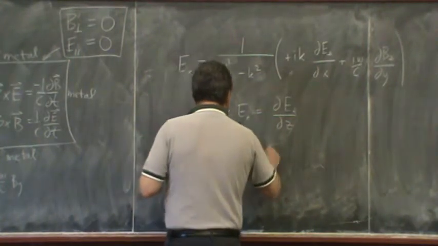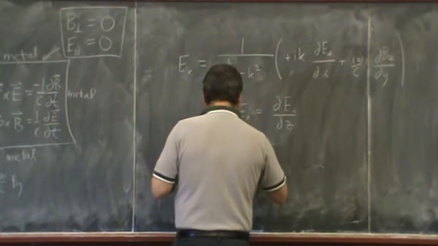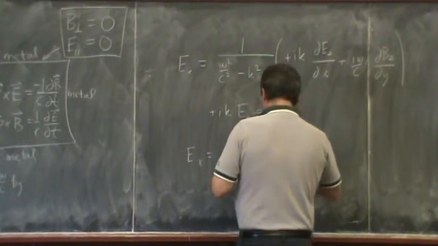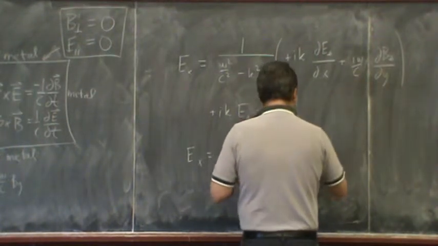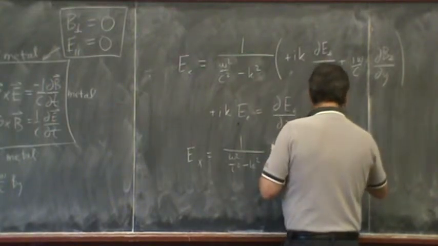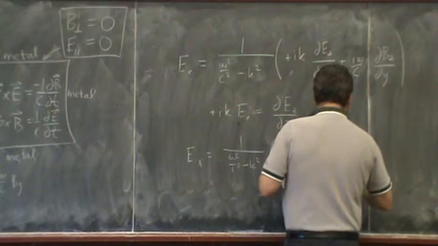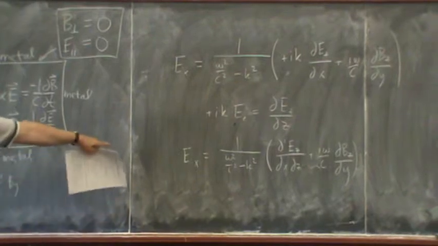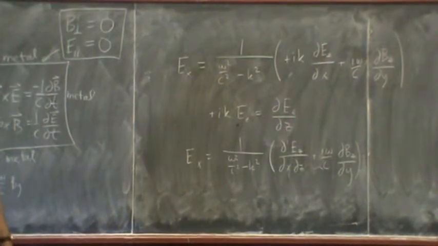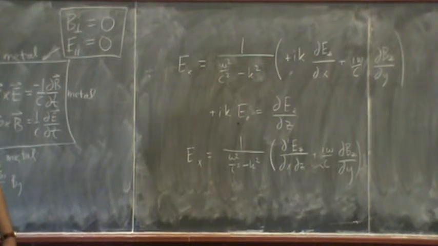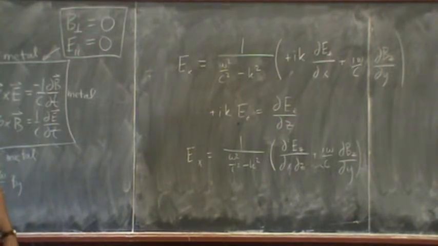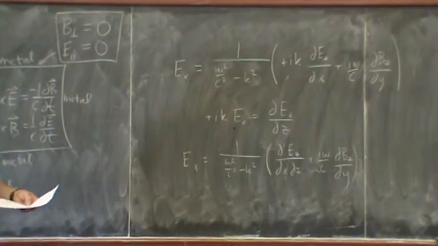Ex is equal to 1 over omega squared over c squared minus k squared, times d squared Ez/dx dz plus i omega over c d Bz/dy. I could do the same for the Ey, By, and Bx relations. So I have 4 equations, and those 4 equations need to satisfy the boundary conditions for this box.